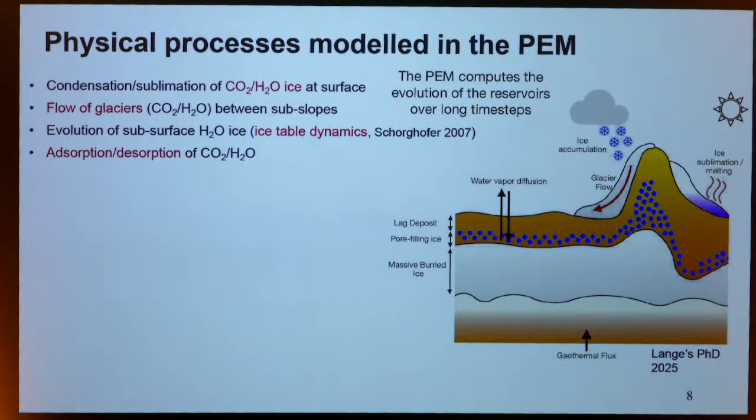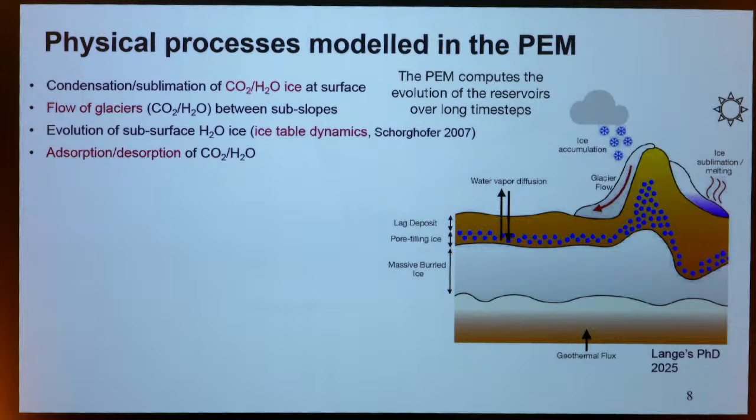And inside the PEM, you have many models to update these average quantities, these reservoirs. So the most important one is, of course, to make the ice at the surface sublime and condense. So we take into account water ice and CO2 ice. But we can also, thanks to a subslope parametrization, make the glaciers flow.